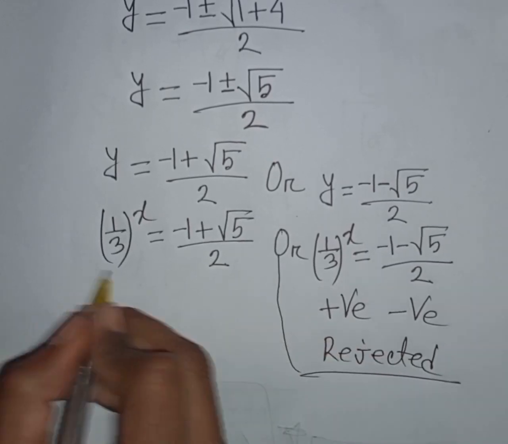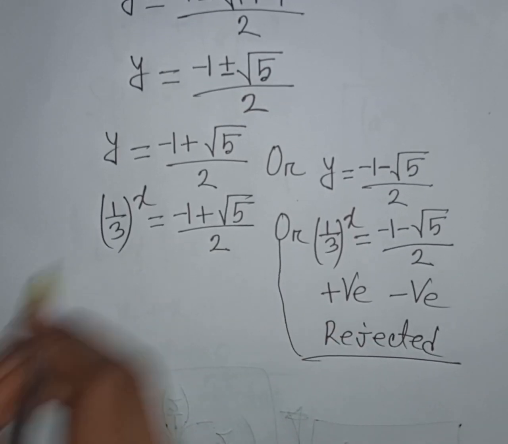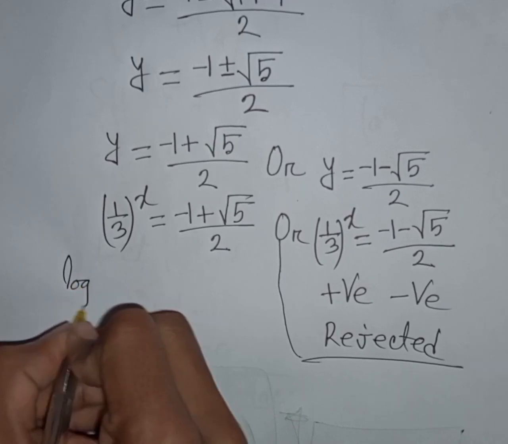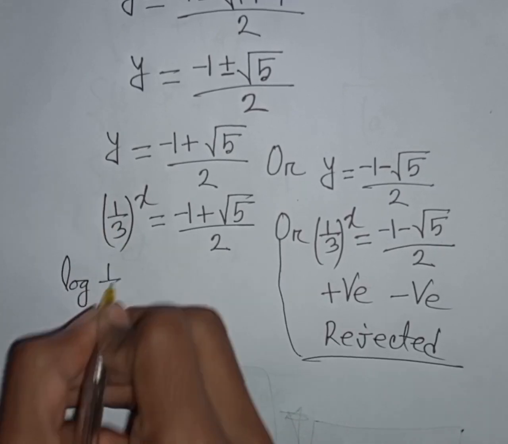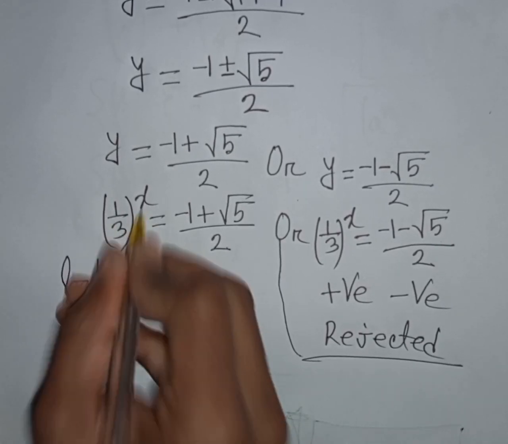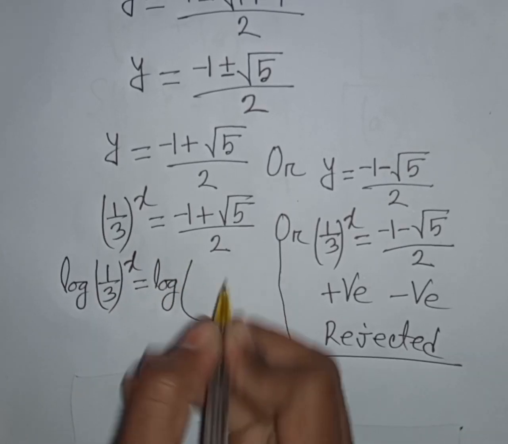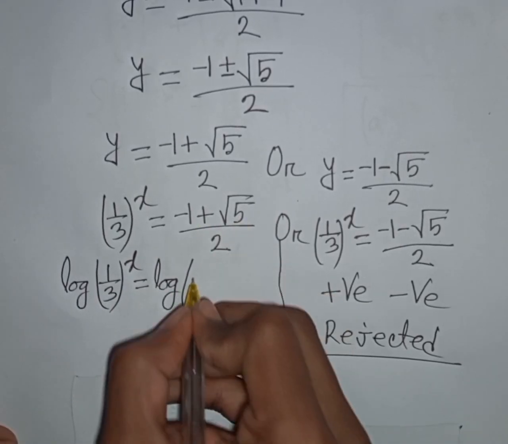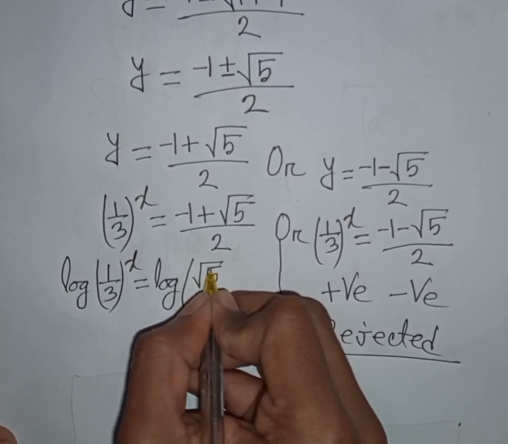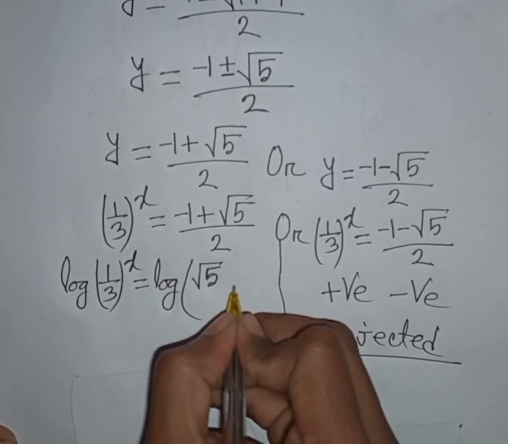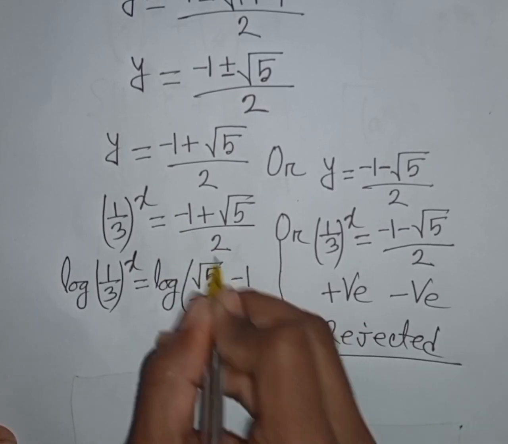Now from here we apply log on both sides. So you can write log of 1 by 3 bracket power x is equal to log of square root of 5 minus 1 divided by 2.